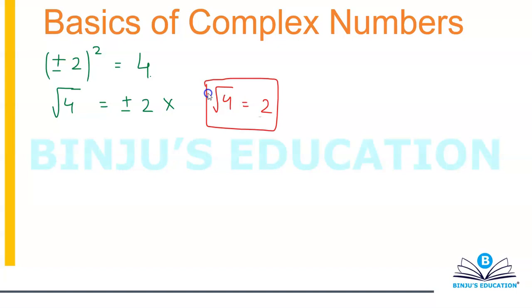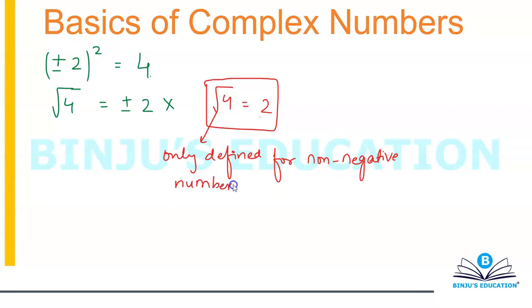Another way of remembering this is that the under root is basically a function in maths. When you talk about the under root, remember that the function is only defined for non-negative numbers.